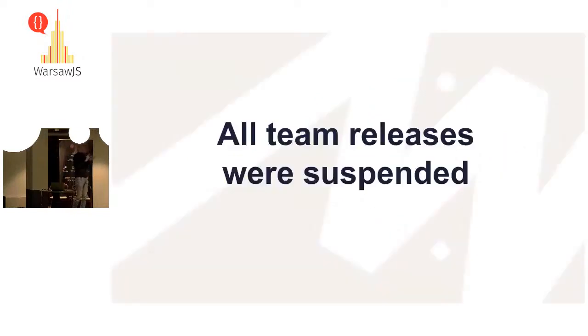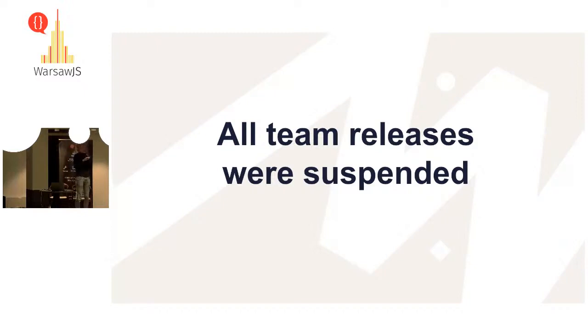So what was our case? I guess the main thing I'll try to cover today is really our experience and the things that we learned. Maybe there will not be any major tricks or advice for you, but at least experience is, I believe, very valuable. So we decided to suspend all of our releases.